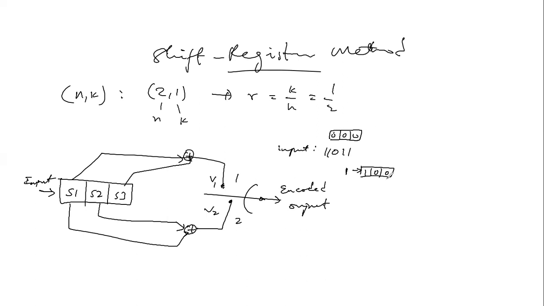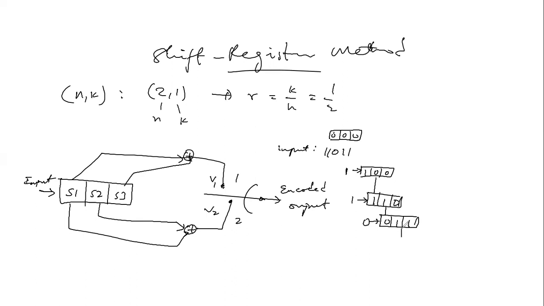Now this becomes our initial state for the next bit. Our next bit is 1. Once we feed that in, we have 1, this one shifts, then that 0 shifts. This becomes the initial state for the next input, which is 0, so we have a 0, then the 1 shifts, then that 1 shifts.